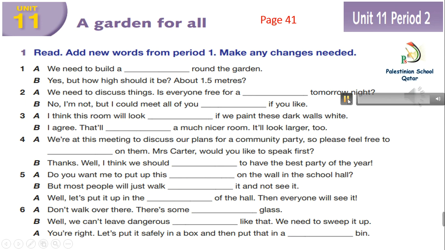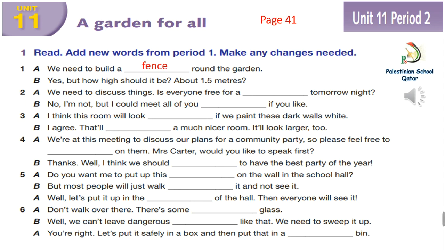Unit 11, Period 2, Activities 2 and 4. 1. We need to build a fence round the garden. Yes, but how high should it be? About 1.5 meters? 2. We need to discuss things.